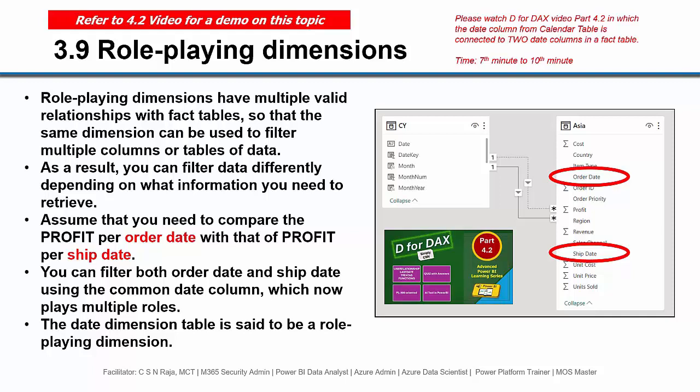You can filter both the order date and ship date using the common date column, which now plays multiple roles. The date dimension table is then set to be a role-playing dimension, and you are requested to please watch the video part 4.2 from 7th minute to 10th minute. The concept of role-playing dimension is clearly explained.